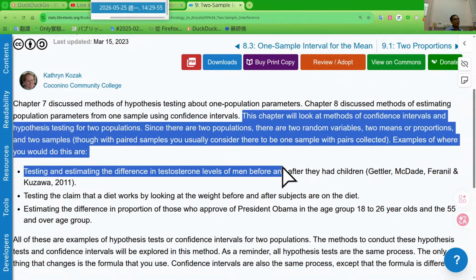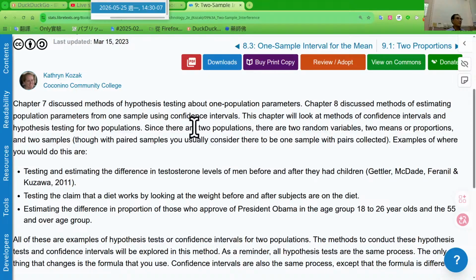This chapter will look at methods for confidence intervals and hypothesis testing for two populations. Since there are two populations, there are two random variables. Again, in chapter 7, there was one group of samples and one population. In this chapter, we discuss two populations.